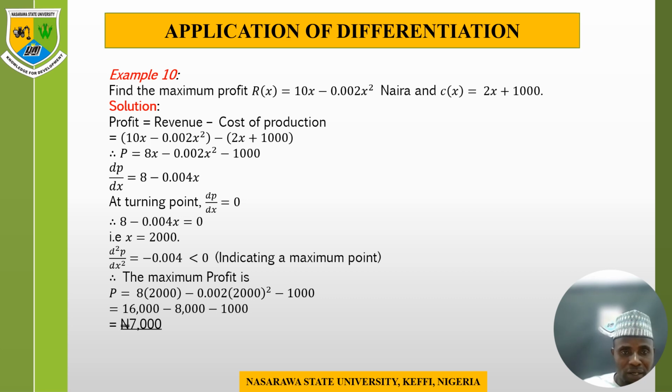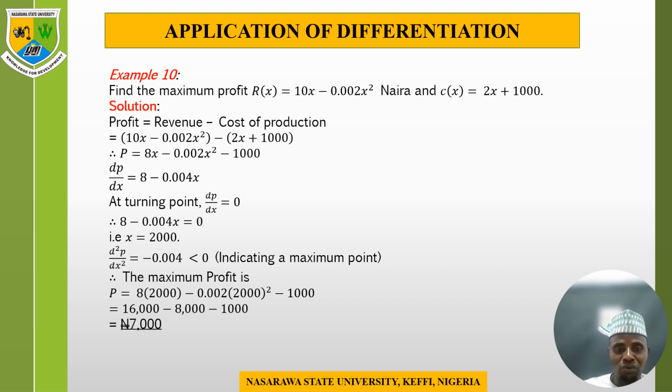At the turning point, we know that dP/dx equals 0. So you differentiate P, equate it to 0 and solve for x. When you simplify, you get our x to be this.